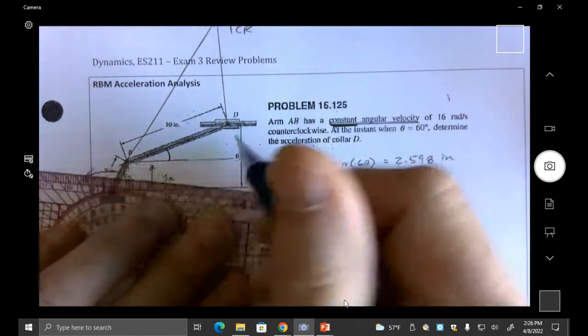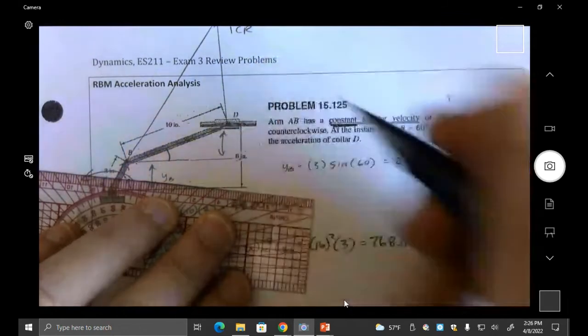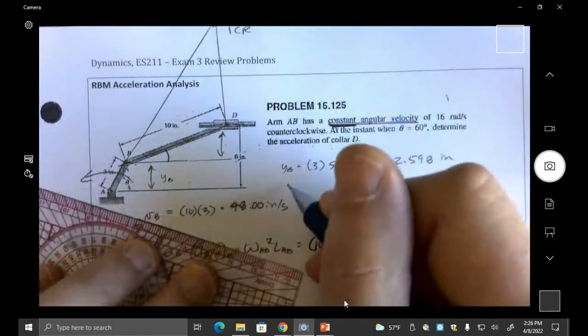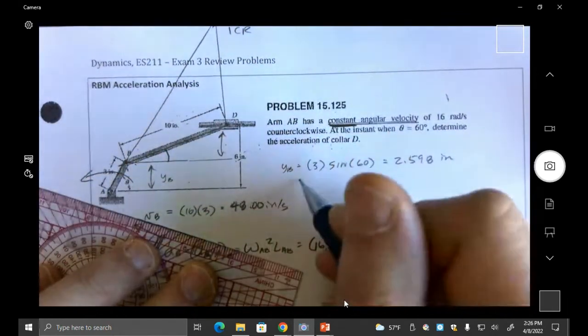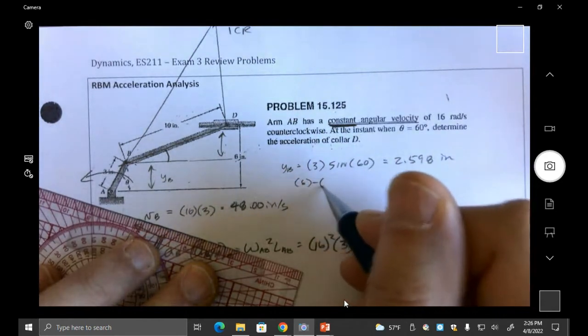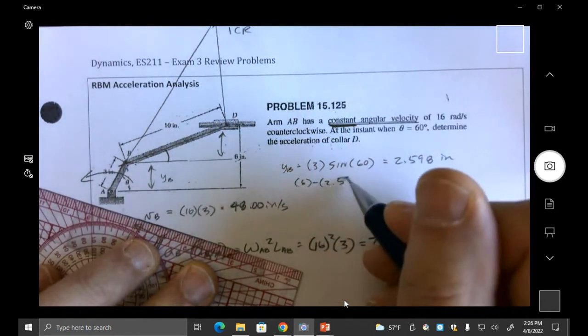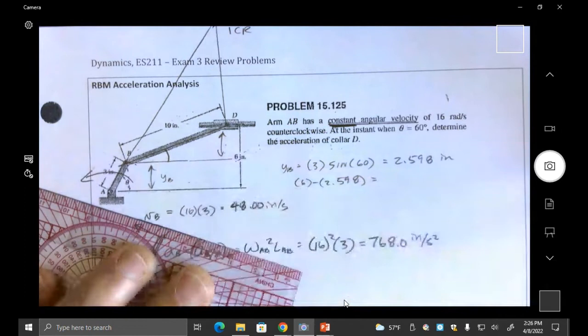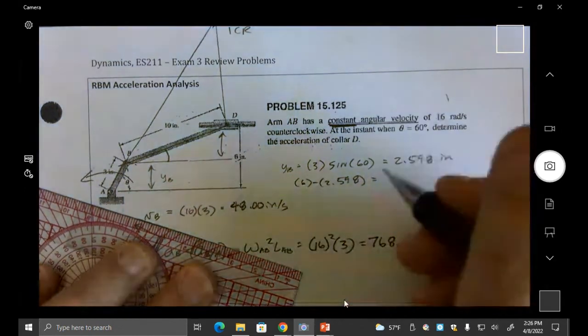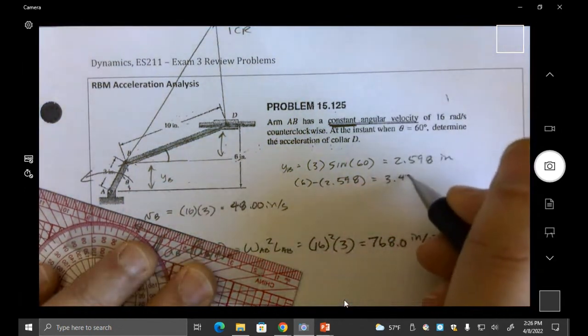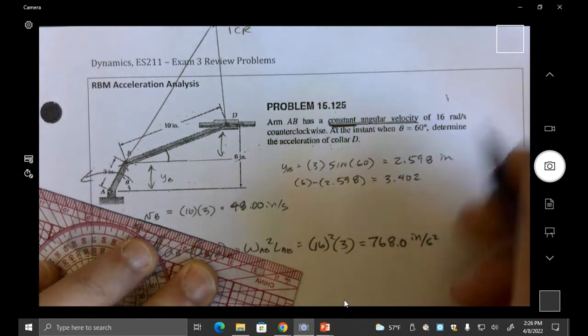So this distance right here is going to be 6 minus 2.598, which is 3.402.